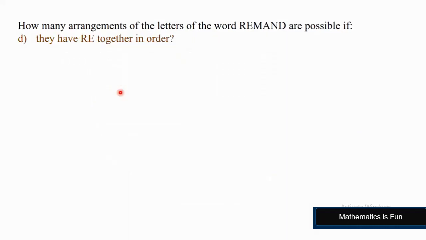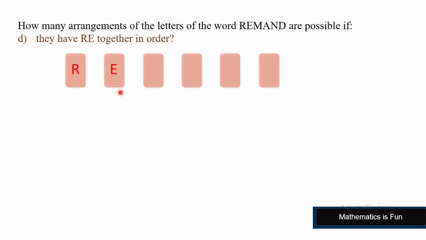How many arrangements of the letters of the word REMAND are possible if they have RE together in order? Now we have to arrange these letters so that RE stay together in order. In order means it can't be ER, it has to be RE, first R, then E. We have to place them together wherever they are placed, but they have to be together.